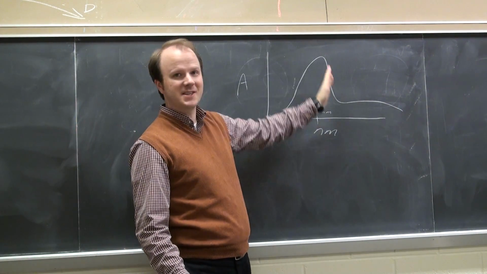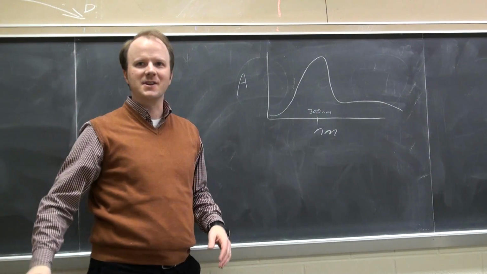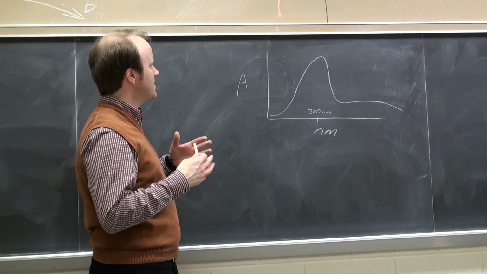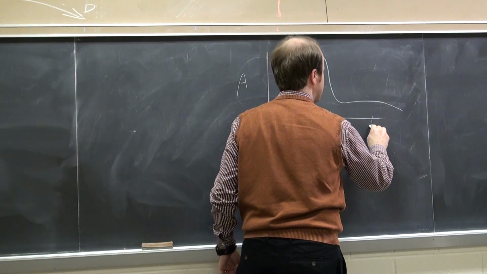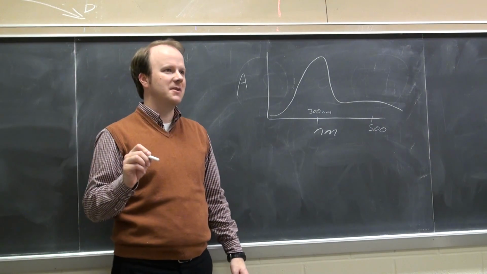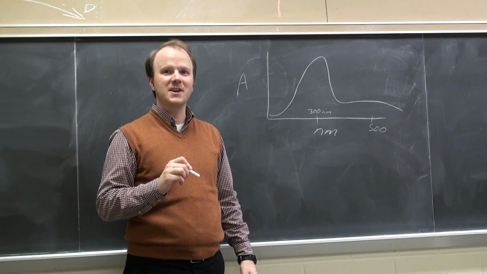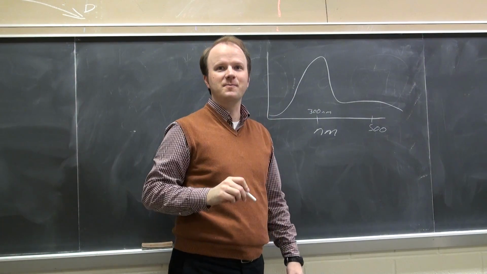The absorbance is high, right, at a given frequency. And so all you need to know about this spectroscopy, so at 500 nanometers, does this compound absorb much light at 500 nanometers? No, right? Its absorbance is low.